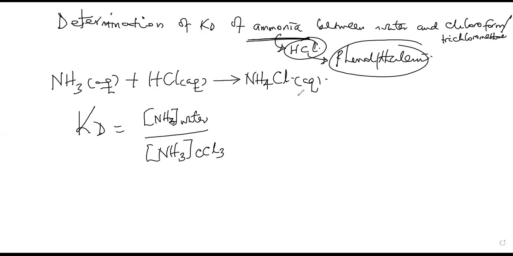But let's pipette the organic layer. You can still consider it the way we considered the other one. You can still pipette the aqueous layer, and then obtain the organic layer by subtraction. Do you understand that? Yes.